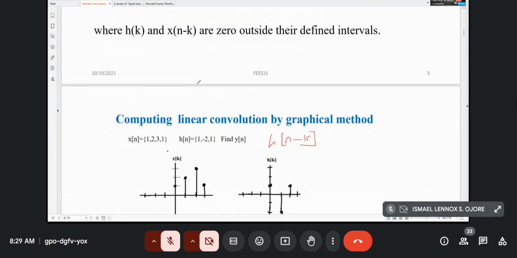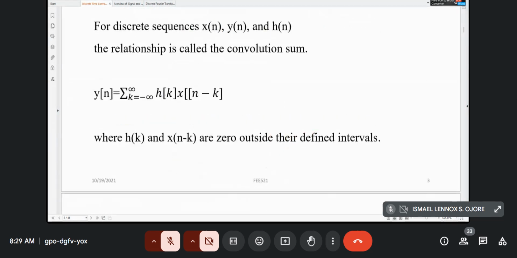You are simply multiplying this and this at different values of k, and then summing, doing the summation. For each n, that's what you are doing. You are moving from negative infinity to positive infinity.